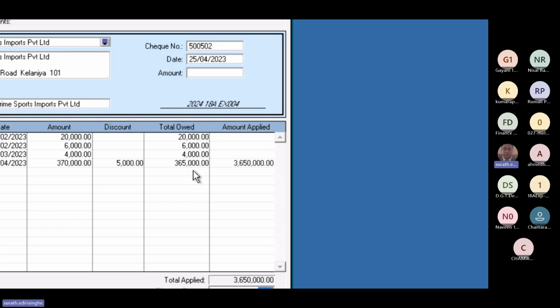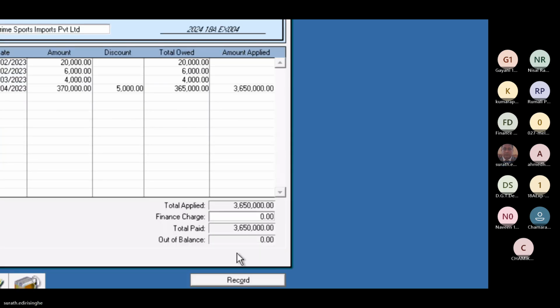Right. Complete. Then click on amount tab. After here, click on tab. Then equal the amount. Equal the amount. Then record.